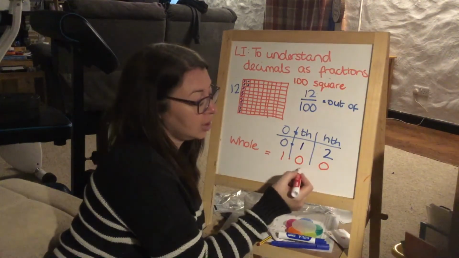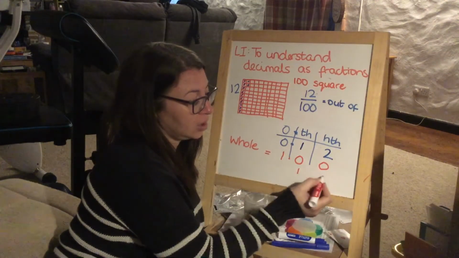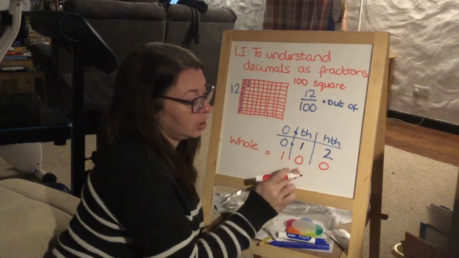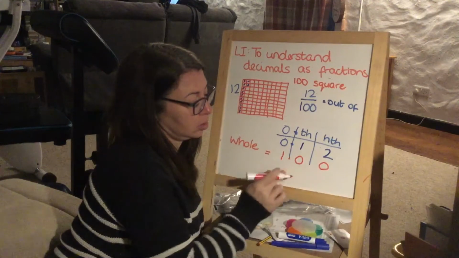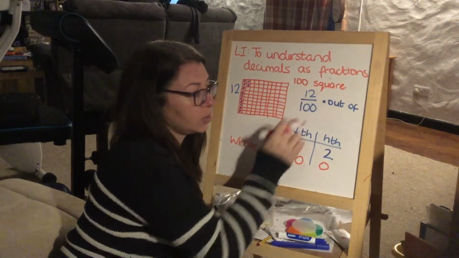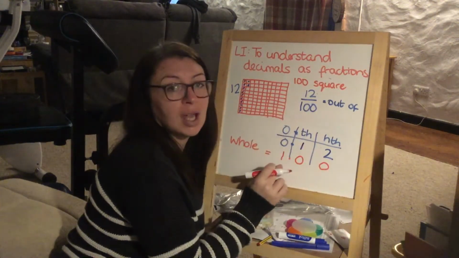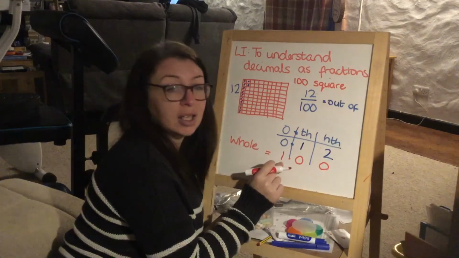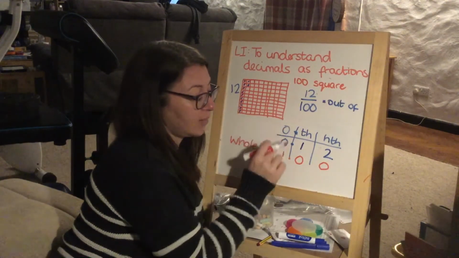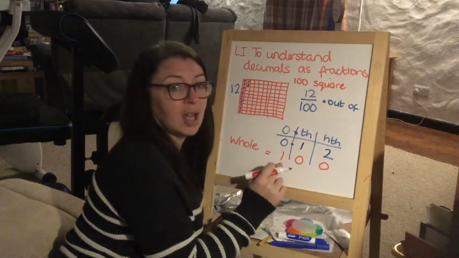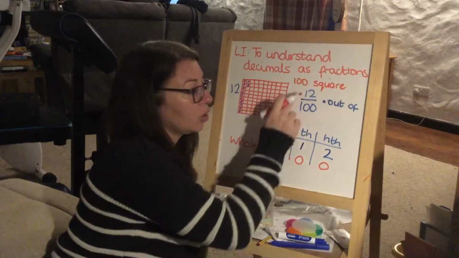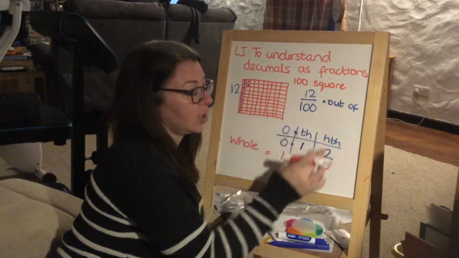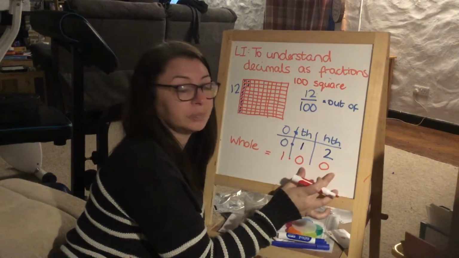Okay, these are your tenths and these are your hundredths. So if you just have a fraction, you're not going to have anything in your ones column, because to have something in your ones column, you have to have a whole. Okay, your fraction is out of 100 and you put it over here.